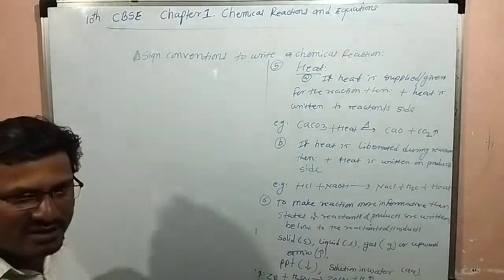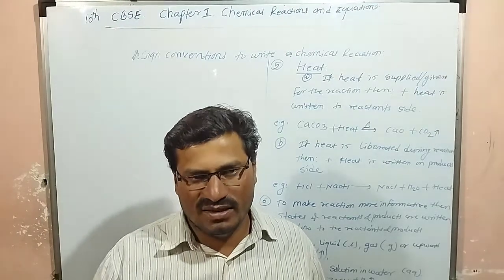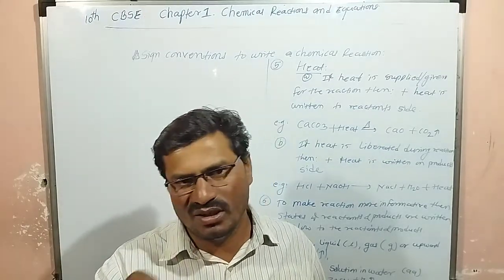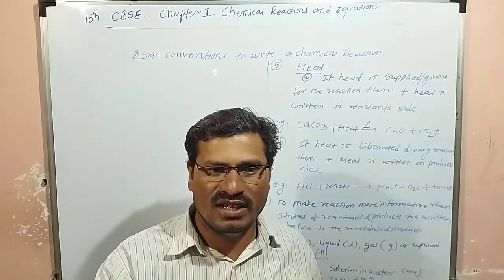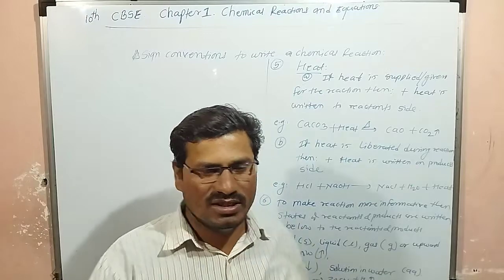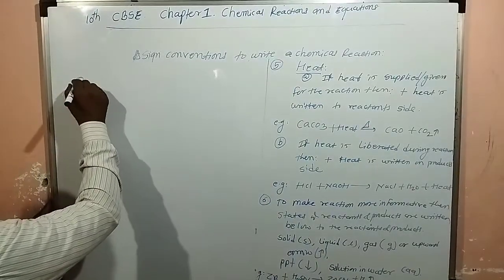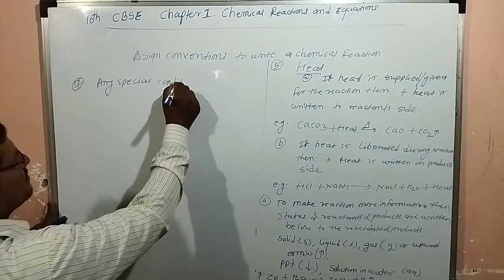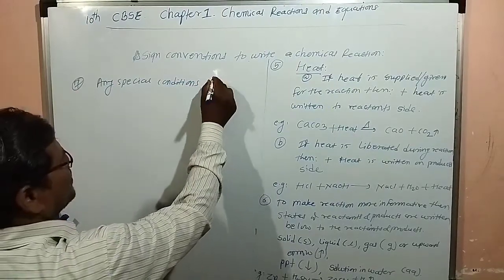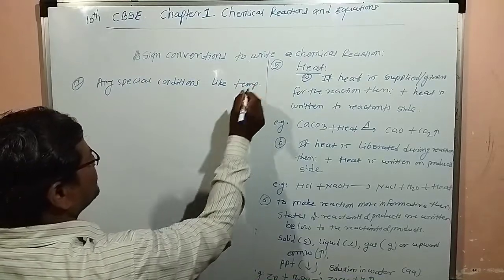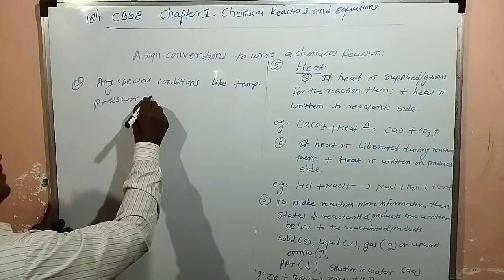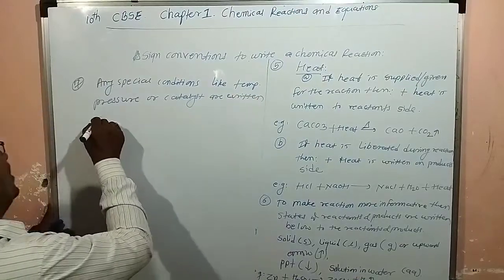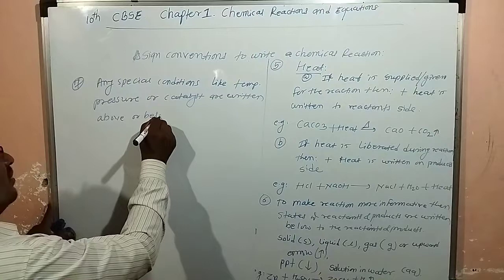Any special conditions provided for the chemical reaction, such as temperature, pressure, or catalyst, are written above or below the arrow. So you have to write that.